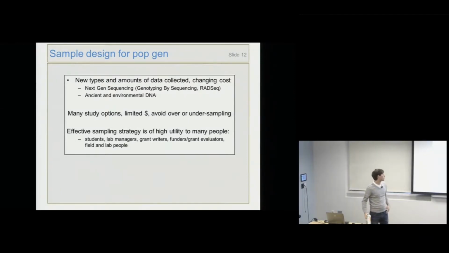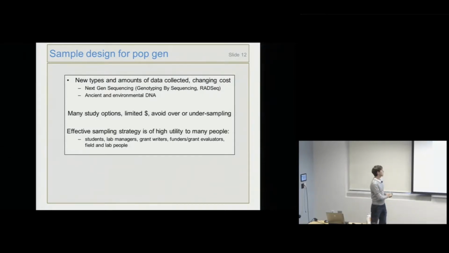Now, some people might argue that now that we're in this age of genomics, now that we have these tools such as next generation sequencing, we can sample ancient DNA to get a picture far back. And we have more and more markers that we can genotype cheaper and cheaper. So some people would say that in this time, we don't have to worry, or we have to worry less about study design.